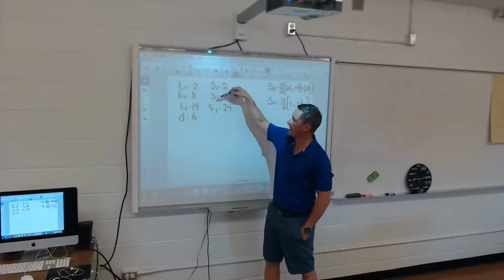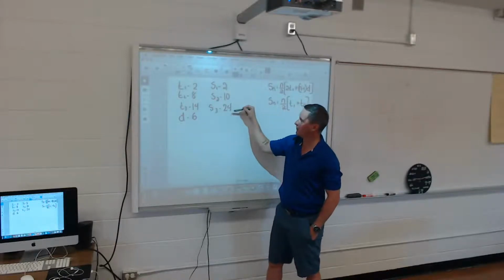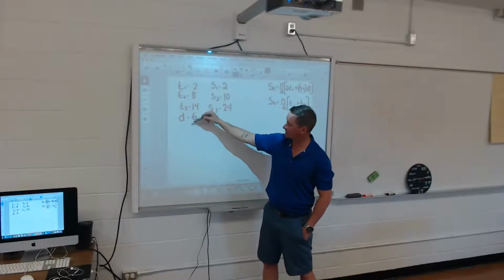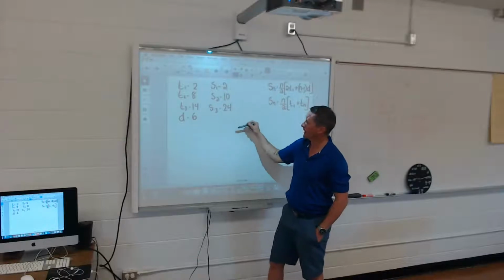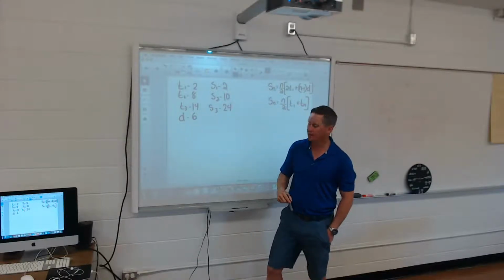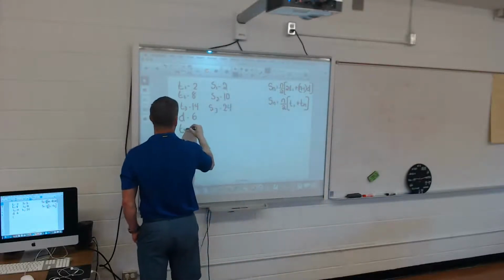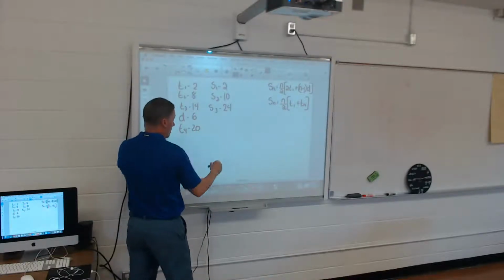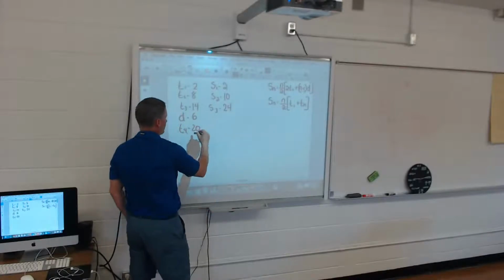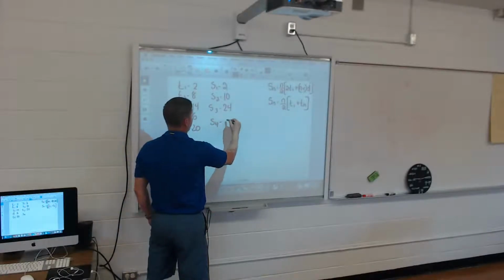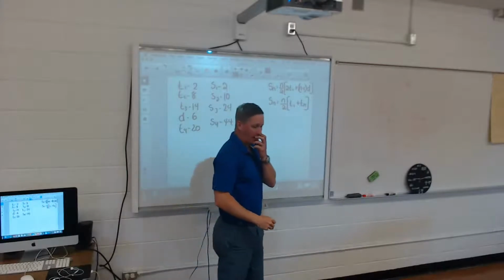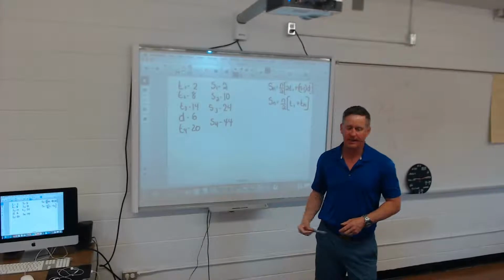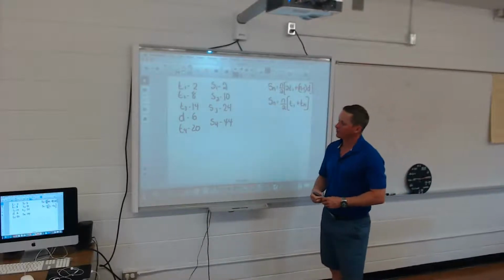So 2 and 8 make 10. 10 and 14 make 24. S to the 4 would be, add 20 to it, would be 44. So I could keep it going. My fourth term is 14 plus 6, which is 20. 24 plus 20, S to the 4, is 44. So an arithmetic series is when I add all of my terms together as I go through a sequence.